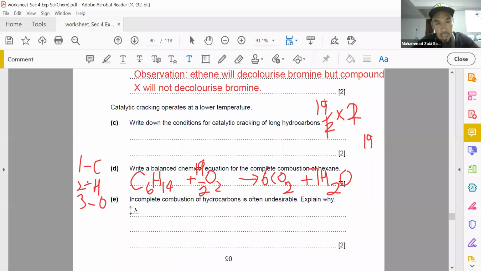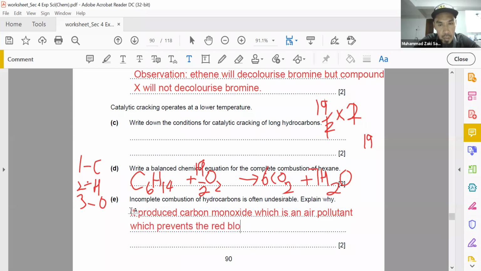Number one, carbon monoxide, which is an air pollutant. You can explain why it's an air pollutant, which prevents red blood cells from absorbing oxygen.